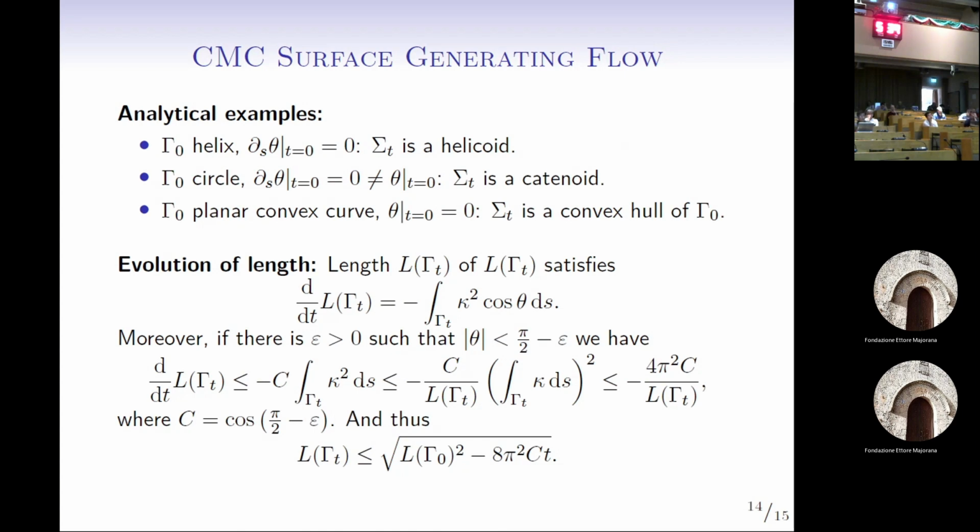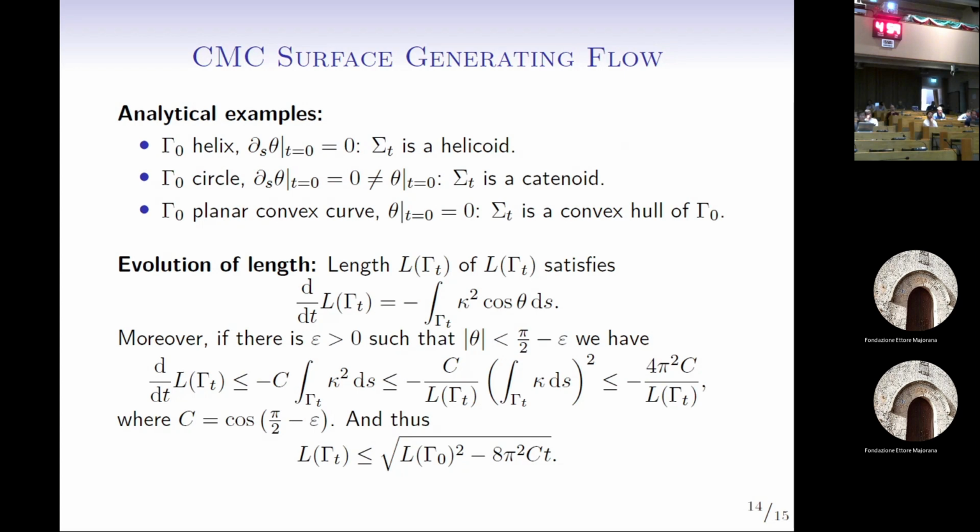So this is a richer way to generate the surfaces, but we also have to prescribe the initialization of the theta parameter. In this case, the length changes by this equation, where of course if the theta parameter is close to 0, we can bound it away from plus or minus pi divided by 2.